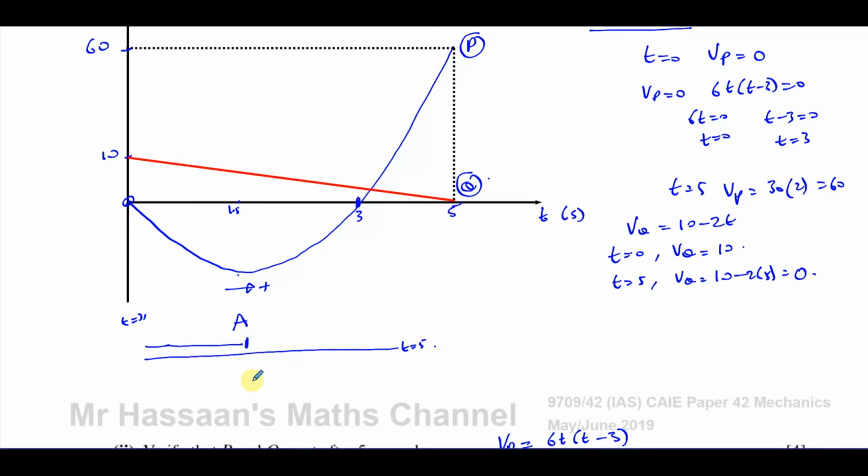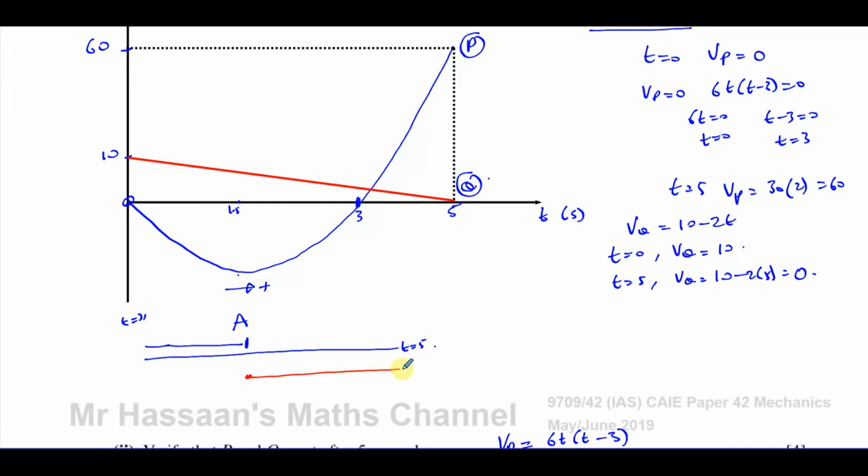Now, if we consider the journey of Q, this starts going in the positive direction, but slowing down until it comes to rest.